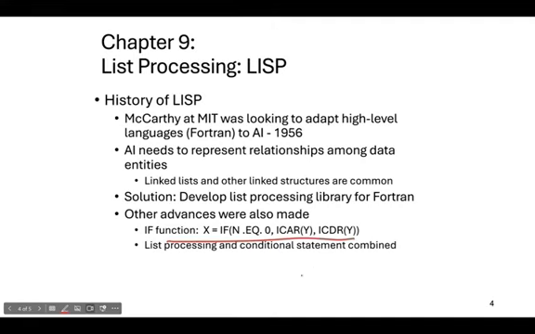It allowed him to combine list processing and conditional statements together. So this library with the advances and the functions that he added to the Fortran language allowed him to adapt it later on to create a totally different language, which is the Lisp language. But he started at the beginning by creating a library for Fortran for list processing to use it specifically for AI.